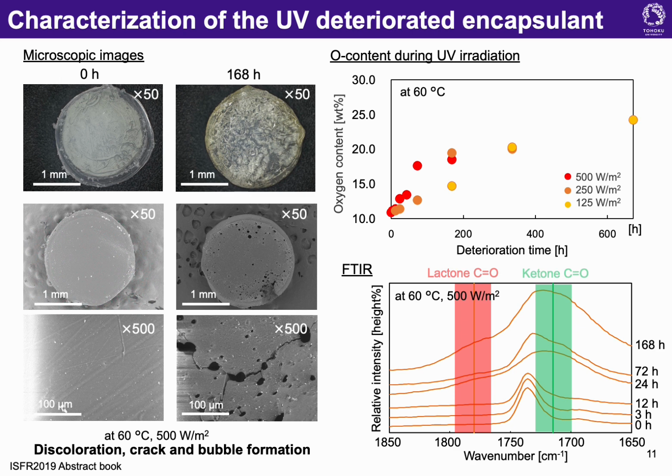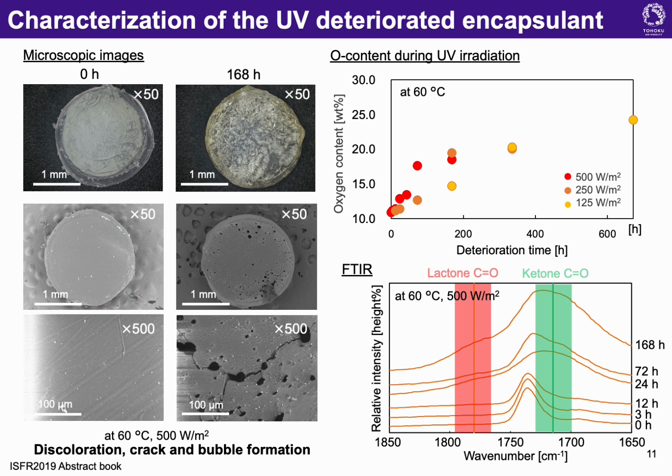The SEM images of the UV deteriorated EVA encapsulant showed cracks and bubbles, suggesting the formation of gaseous products during the UV irradiation. The oxygen content of the UV deteriorated samples prepared at different UV irradiation intensity reveals that the oxygen content is increased with aging duration.